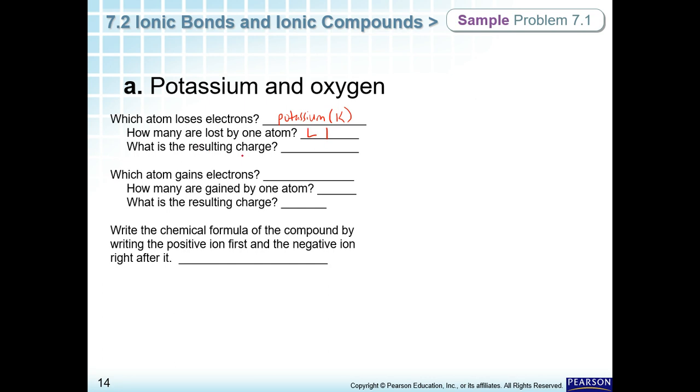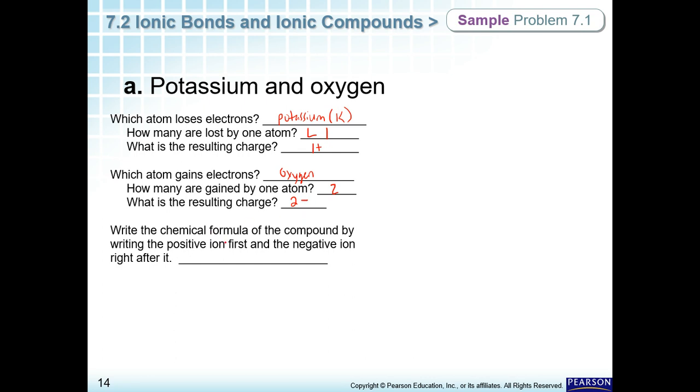And then what is its charge going to be? Well, its charge is going to be a 1 plus, or a plus 1. Well, which atom gains electrons? That's going to be your oxygen because it's your nonmetal. How many are gained? Well, you need to look at the group. Oxygen's in group 6, so it's easier to gain 2. The resulting charge for that then would be a 2 negative.